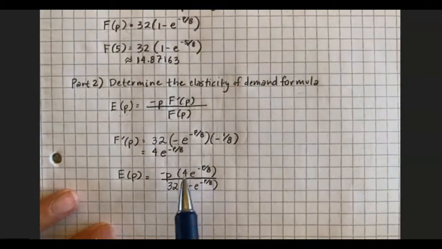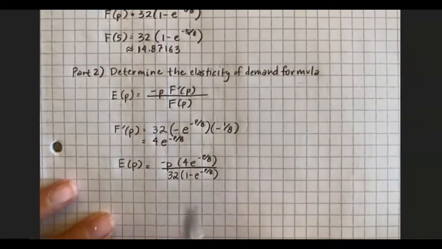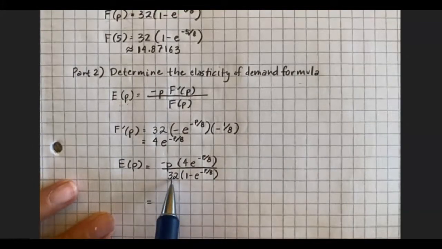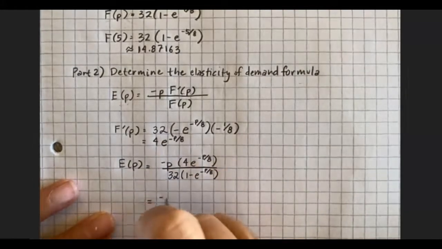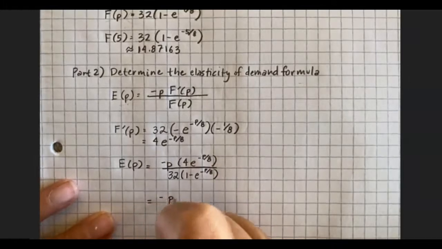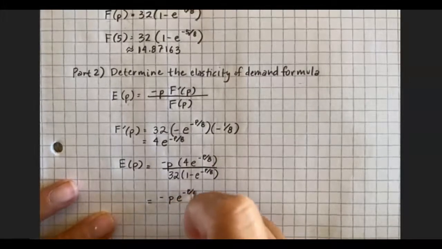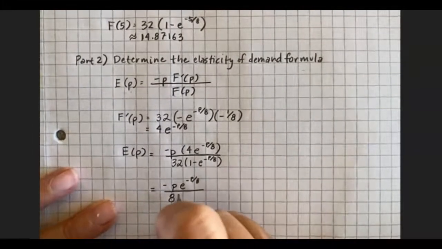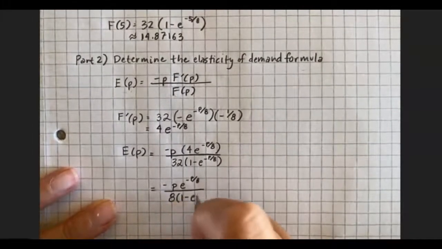So I can cancel out a 4 here. And I guess we're going to keep that negative. Negative p e to the negative p over 8, over 8 times 1 minus e to the negative p over 8.